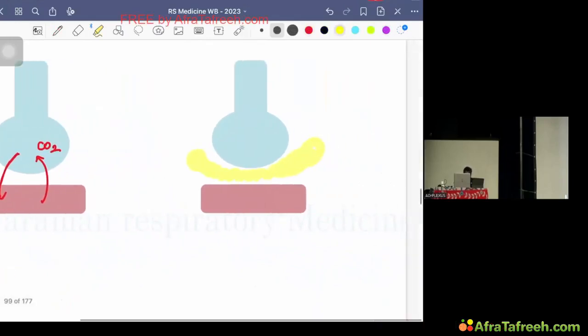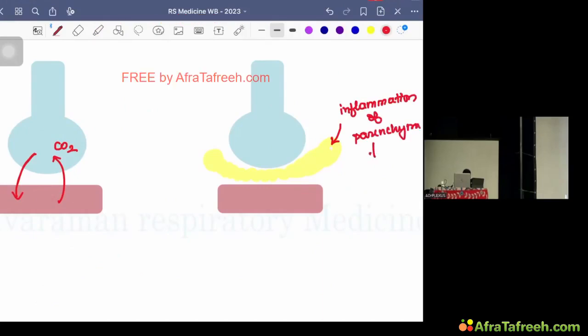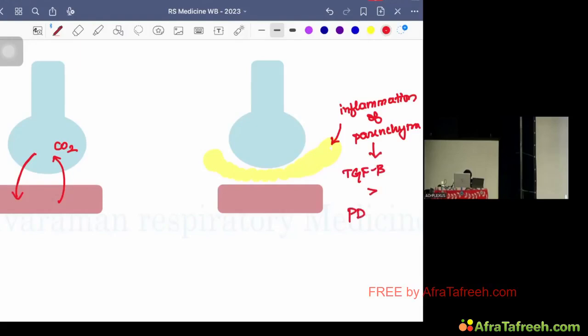Inflammation of the parenchyma, which occurs due to TGF beta and PDGF. The inflammation is mediated by TGF beta and PDGF.